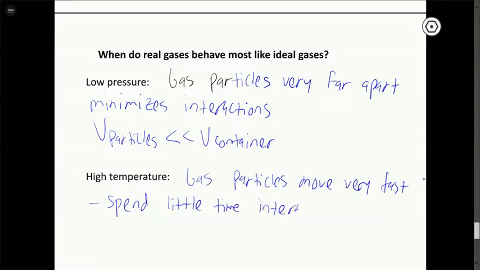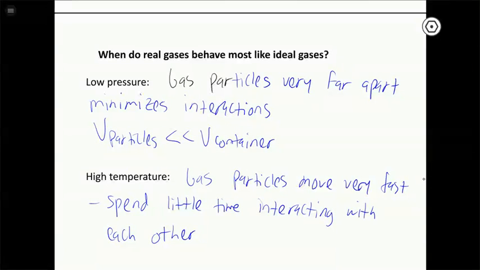All right, so this high temperature minimizes the interactions between gas molecules. If you're at a high temperature and the gas particles are zooming around really fast, they're never going to see each other. If they do, it'll be for a split second. If they're moving a lot slower, they have a lot better chance of coming in contact and having those interactions that will then lead to deviations from the ideal gas law.